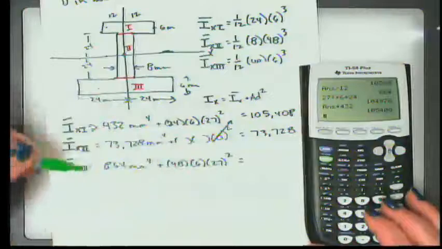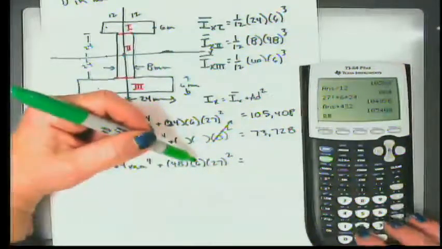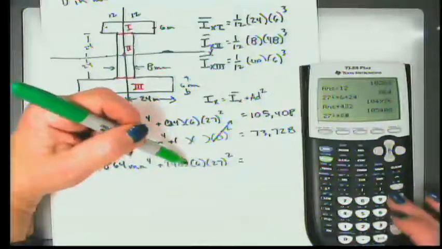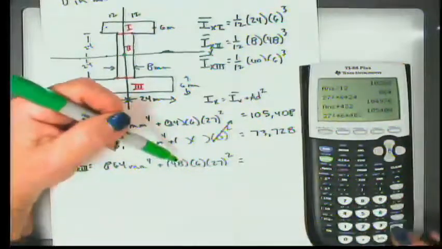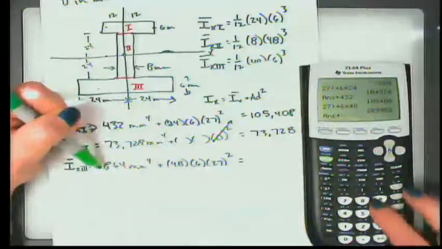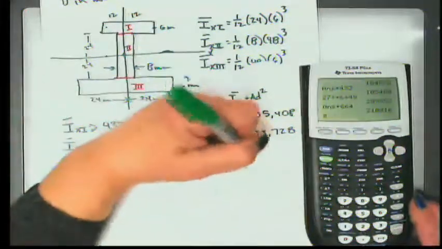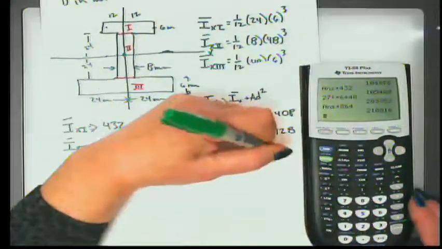And then last but not least, we're going to take 27 squared, multiply that by 6, multiply it by 48, and add that to the centroidal moment of inertia of part 3, 864, and that value is 210,816.